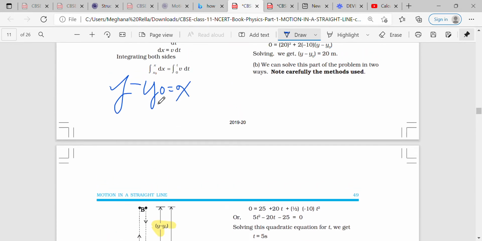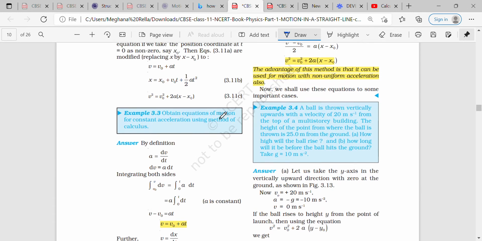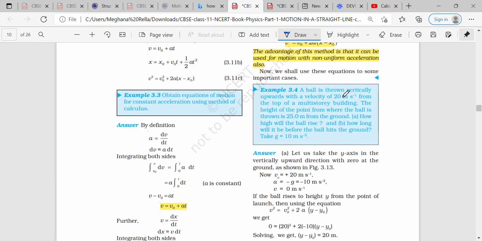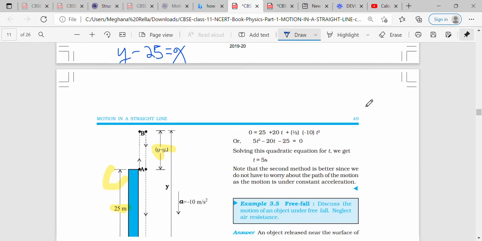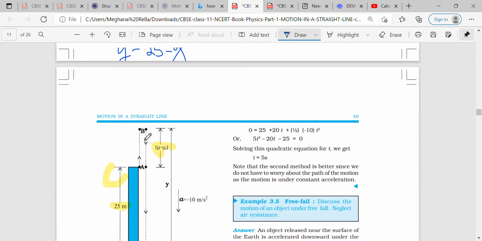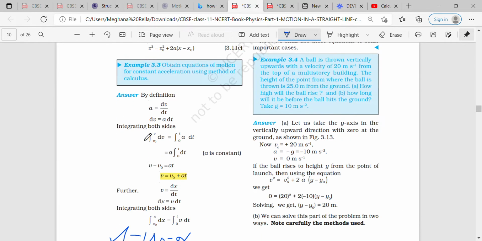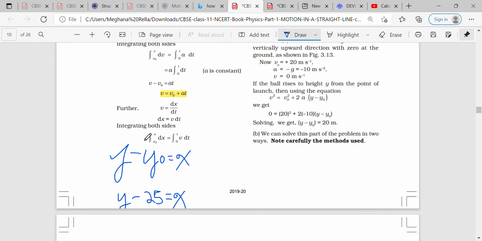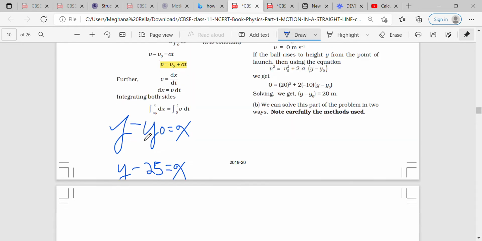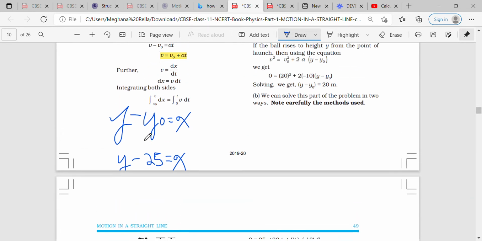So y minus 25 equals x, right? And what is the speed? The ball is thrown upwards with a velocity of 10 meters per second. It's not 10, it's 20. I'm so sorry, I'm so distracted today. So yeah, it's 20 meters per second. So it goes up.